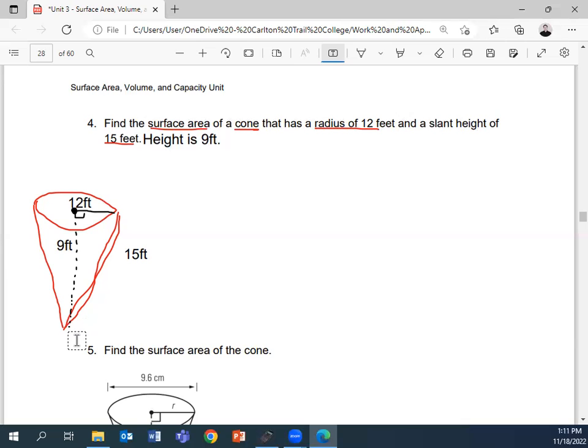Okay. Now, what is my formula to find the surface area of a cone? Pi r squared... Ooh, or rs. RS, right? No, it's fine. So the surface area of my cone is equal to pi times r times s.